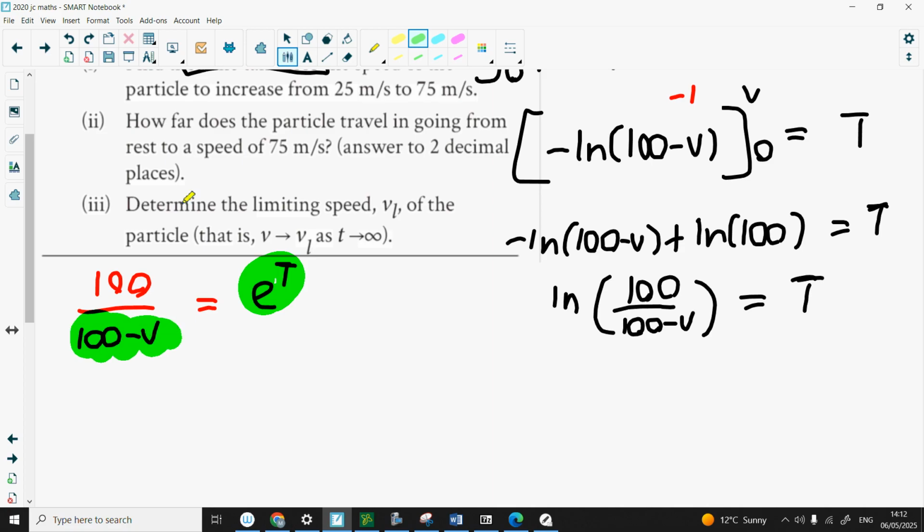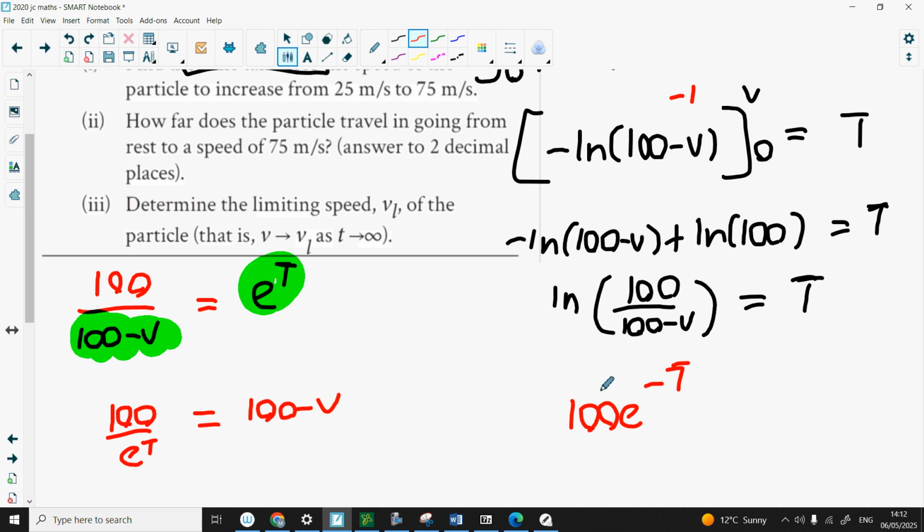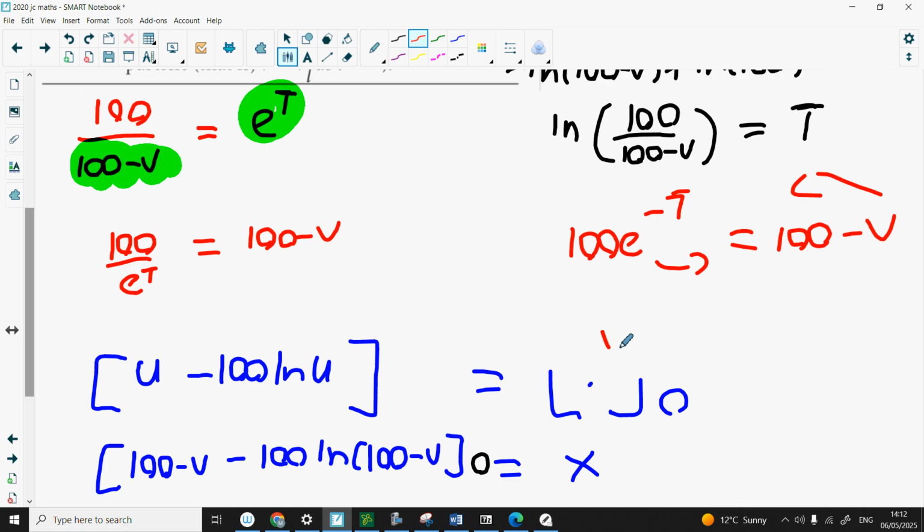The two green ones are going to switch positions, okay? And what will happen there is it's going to be 100 over e to the t, which we all know is 100 e to the minus t equals 100 minus v. Minus v to the left, 100 e to the t to the right. And what we're going to get is v equals 100 minus 100 e to the minus t.